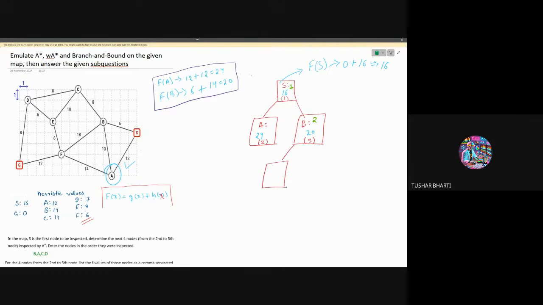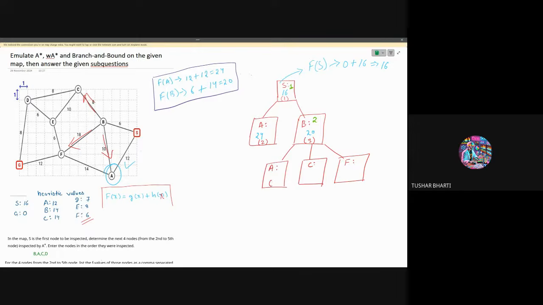B has 3 children: one A, one C, and one F. I will write first A, next is C, and last one is F.